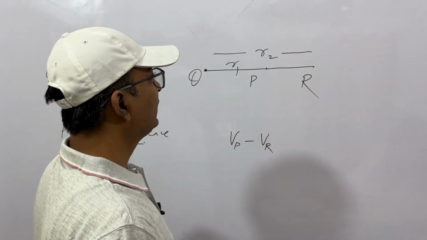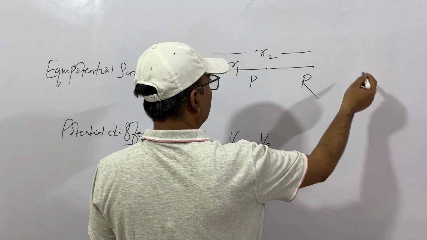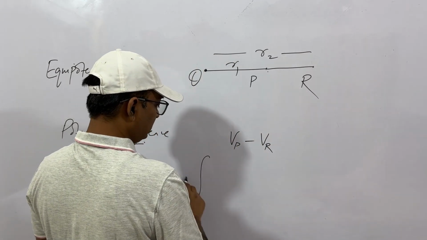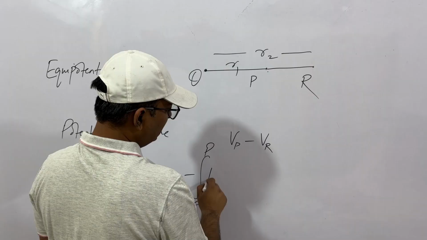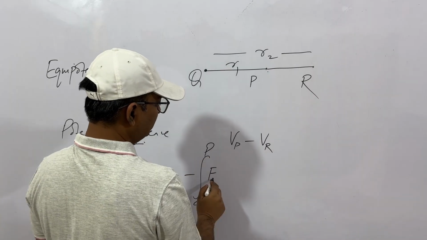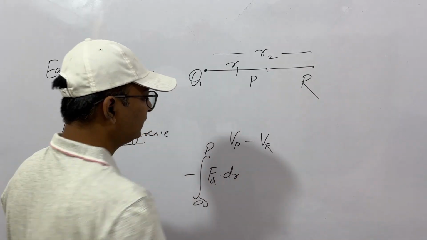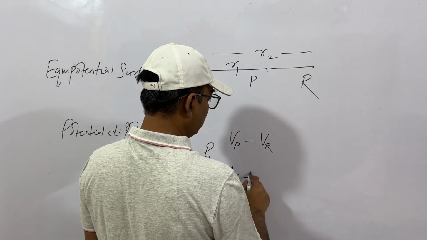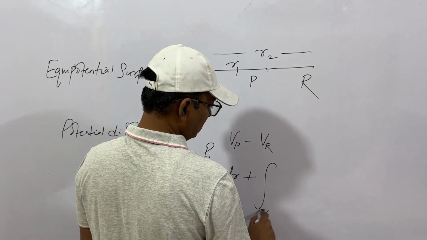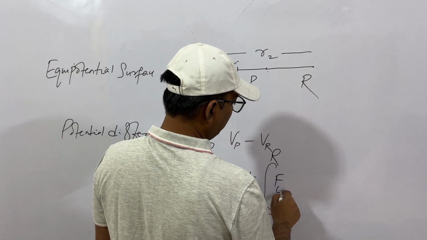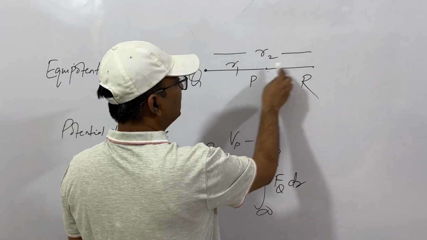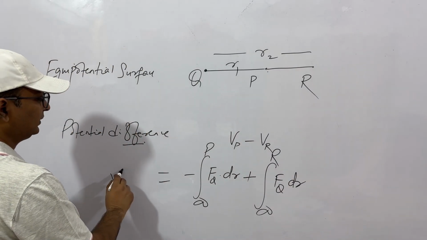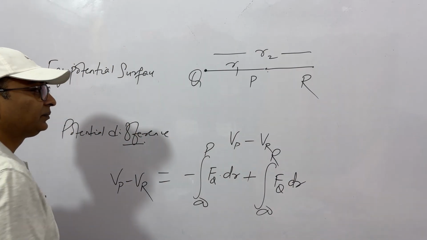Now, work done in bringing a unit positive charge from infinity to P, F due to Q into dr, is the potential at point P. Minus this, minus becomes plus, infinity to R, Fq dr. That is potential at this minus potential at this. This is called the potential difference. That is, this is Vp minus Vr.